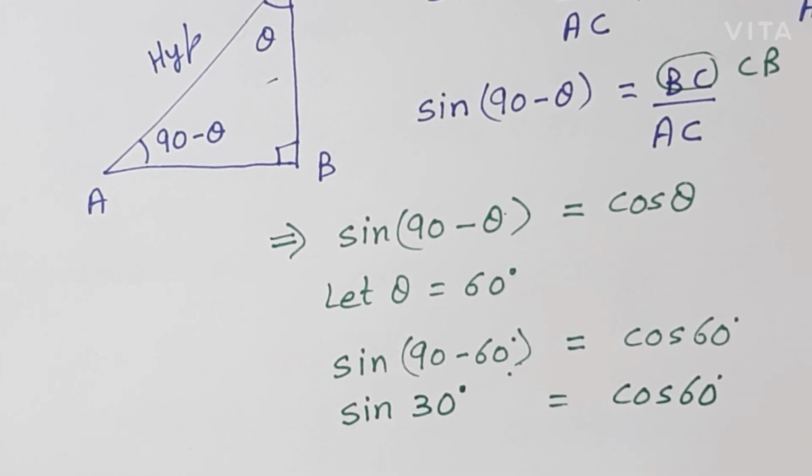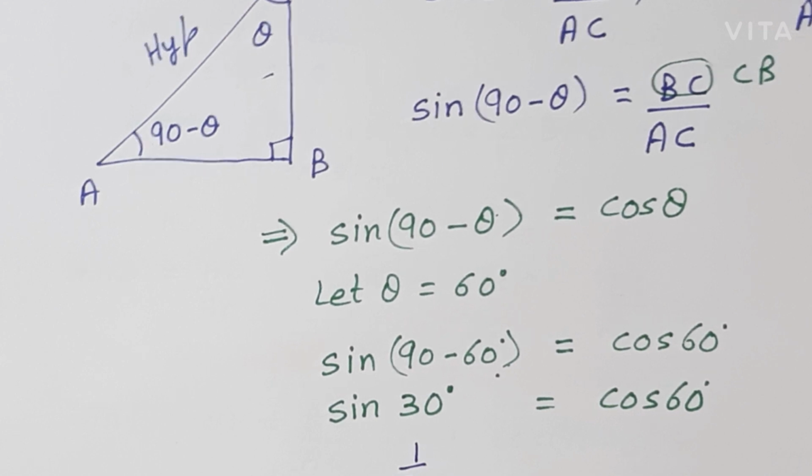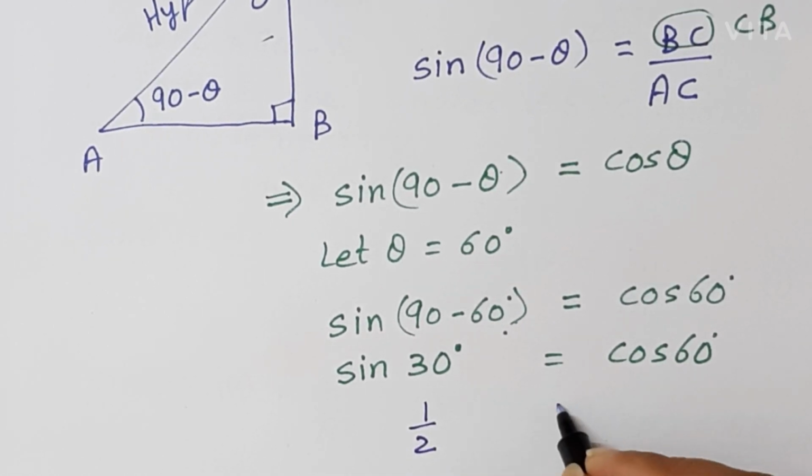Now students, we have done this in the previous lecture. What is the value of sin 30 degree? Students, what is sin 30 degree? That is half, right? And cos 60 degree is also half. These two values you have already learned in the previous lectures, and you should know all these values now, right?